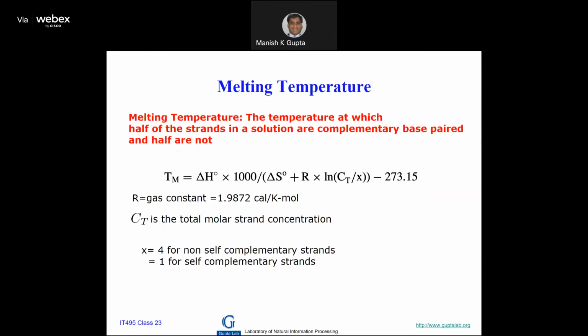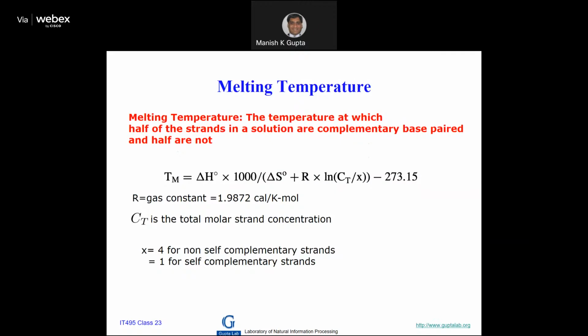Melting temperature. This is very important. It is the temperature at which half of the strands in a solution are complementary base paired and half are not. The melting temperature formula is this. R is the gas constant. IIT JEE preparation, do you remember anything from the coaching? Probably they might have taught it, right? In IIT JEE, these things?